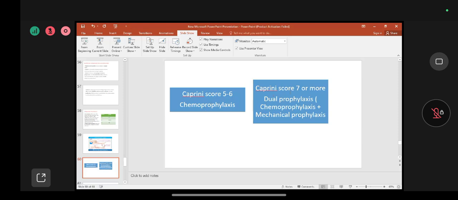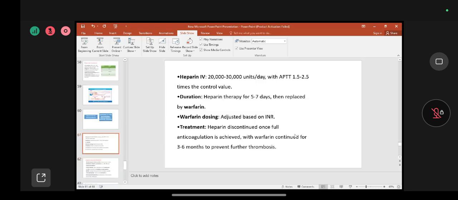If the Caprini score is 7 or more, then we use dual prophylaxis, chemoprophylaxis and mechanical prophylaxis. And we can give heparin 20 to 30,000 units per day, with the APTT control 1.5 to 2.5.